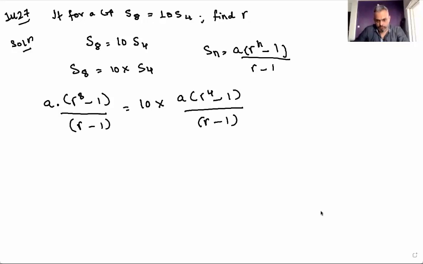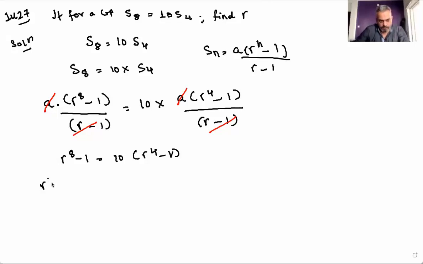Now R minus 1 cancels, A cancels. So R raised to 8 minus 1 is equal to 10 into R raised to 4 minus 1. Now R raised to 8 minus 1, we expand.